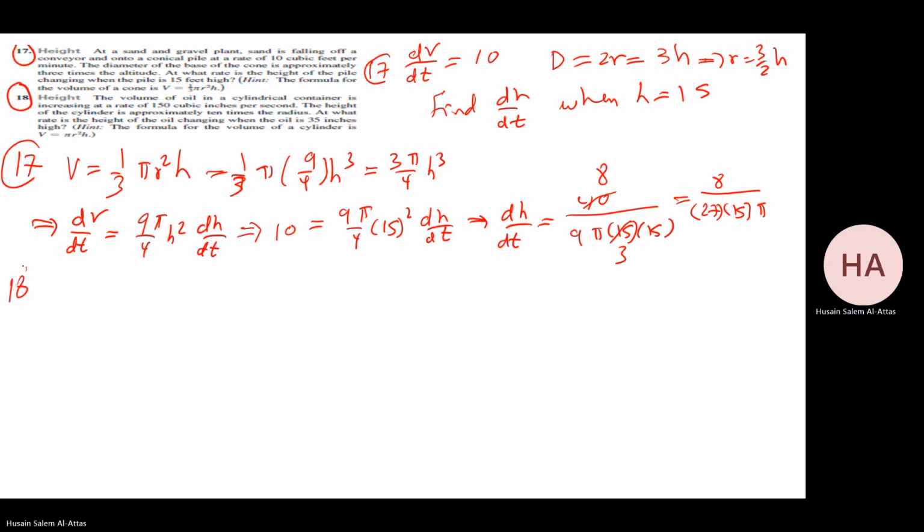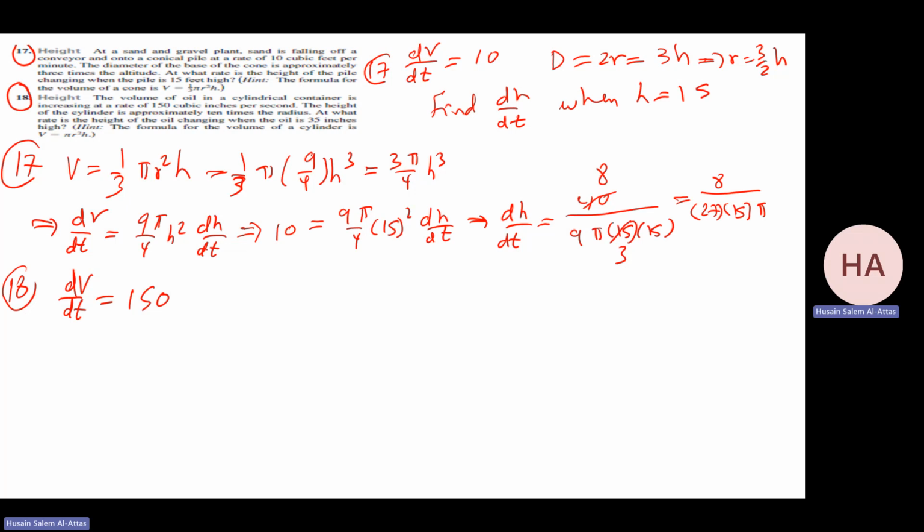18. What they want: the volume of oil in a cylindrical tank is increasing. So I have dV by dt equals 150 cubic inches per second.